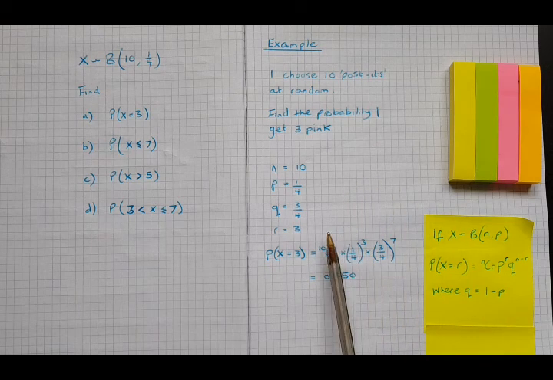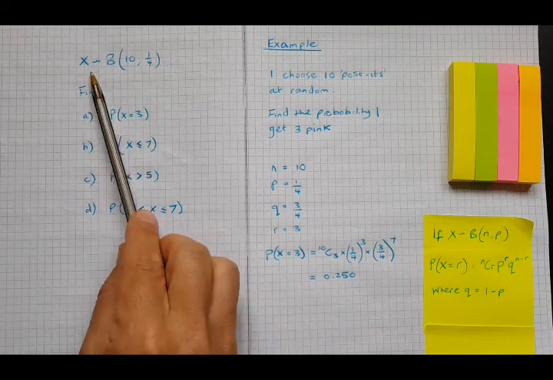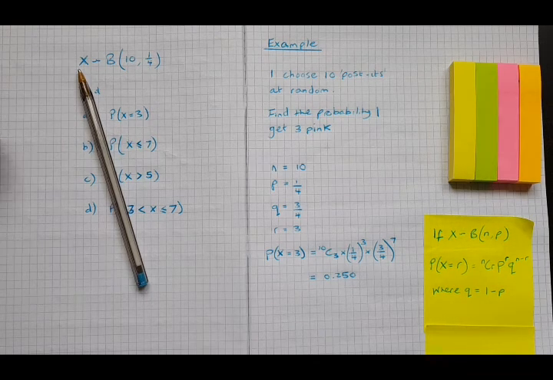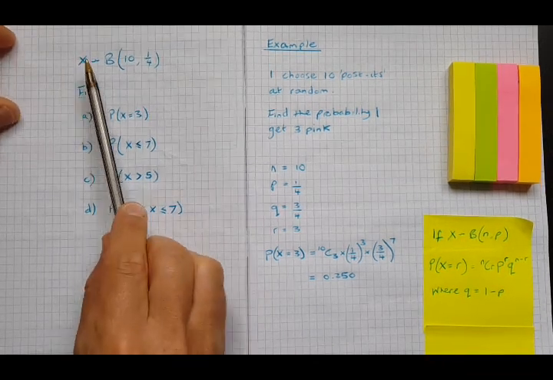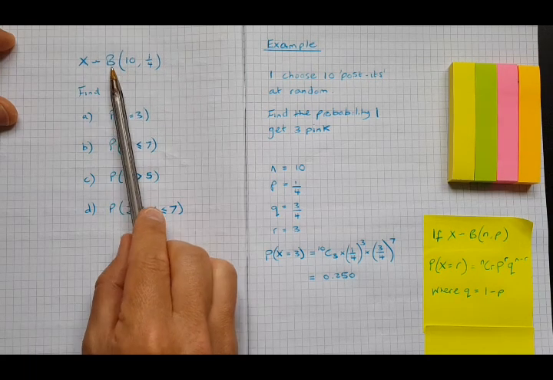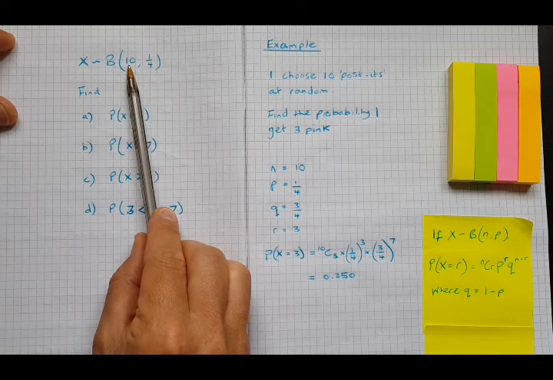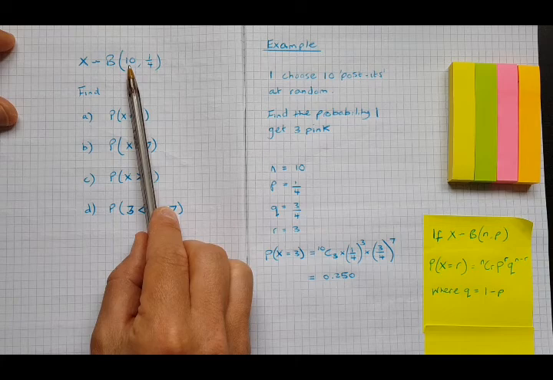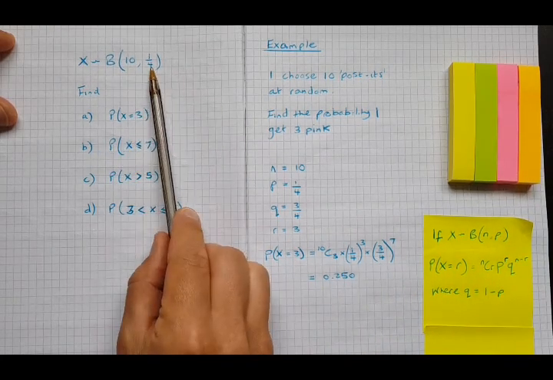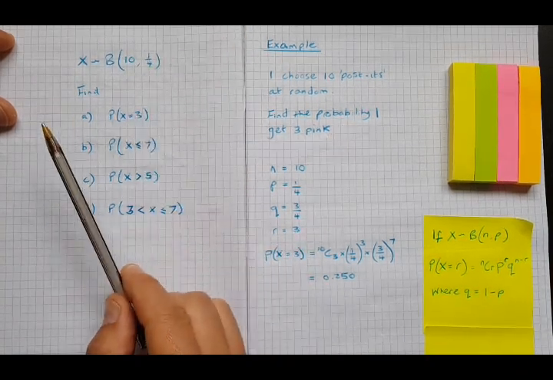Now, this problem, again, can be summarised, rather than writing out this worded problem, in this way, because this is a binomial distribution problem, and this is saying that we can work out probabilities of our values of x using a binomial distribution where n is 10, so our first value here is n, and we were doing 10 trials here, and the probability that we got pink, so pink was our success in this case, was a quarter.